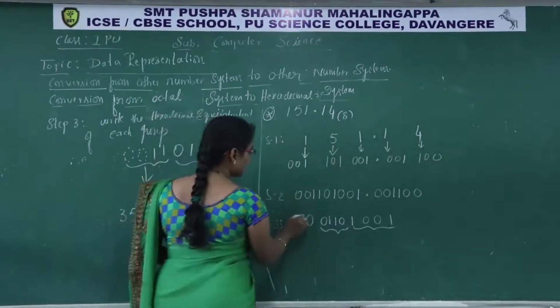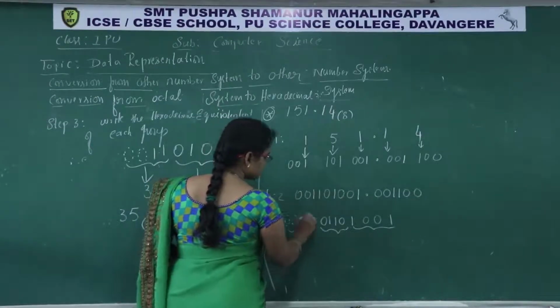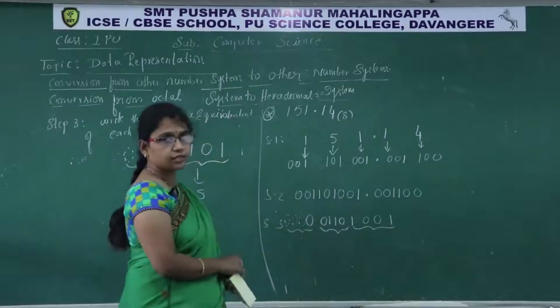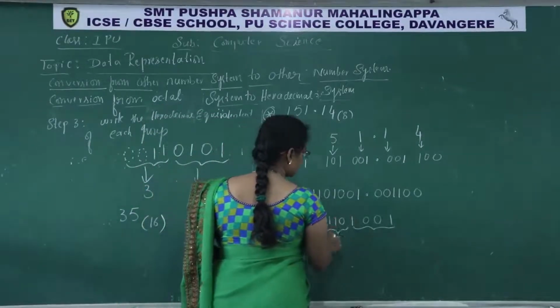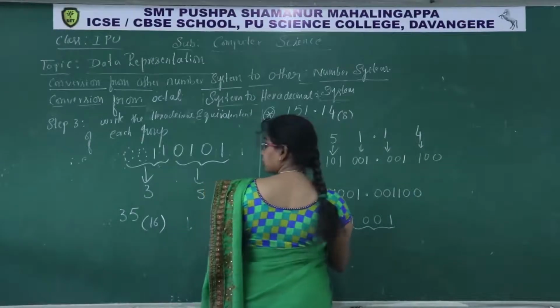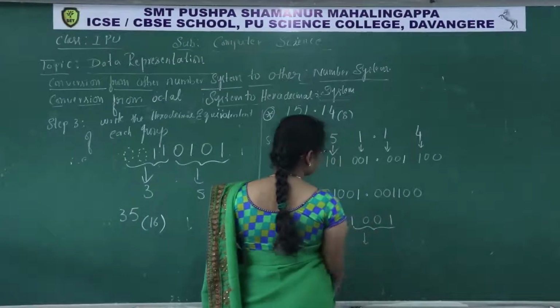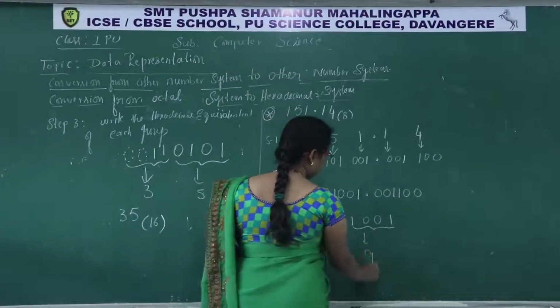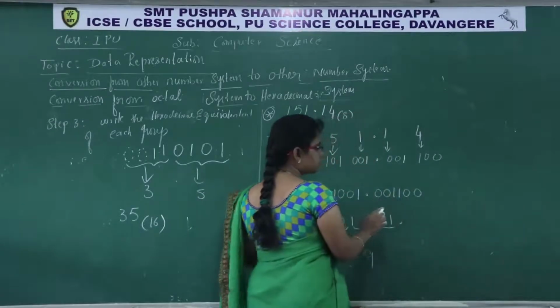To make 4 bits we have to add 3 dotted zeros here. So all 4 bits are 0, so the hexadecimal equivalent is 0 here. 8, 4, 2, 1: 4 plus 2 means 6. 8 plus 1, 9.